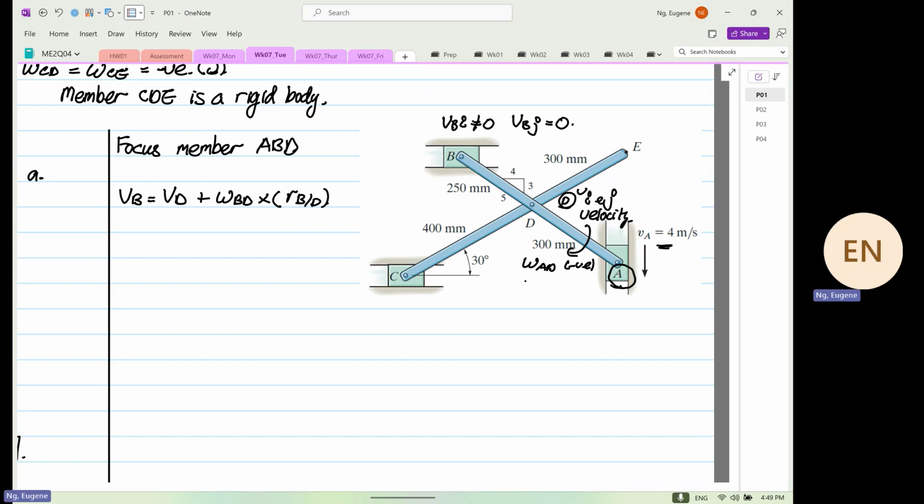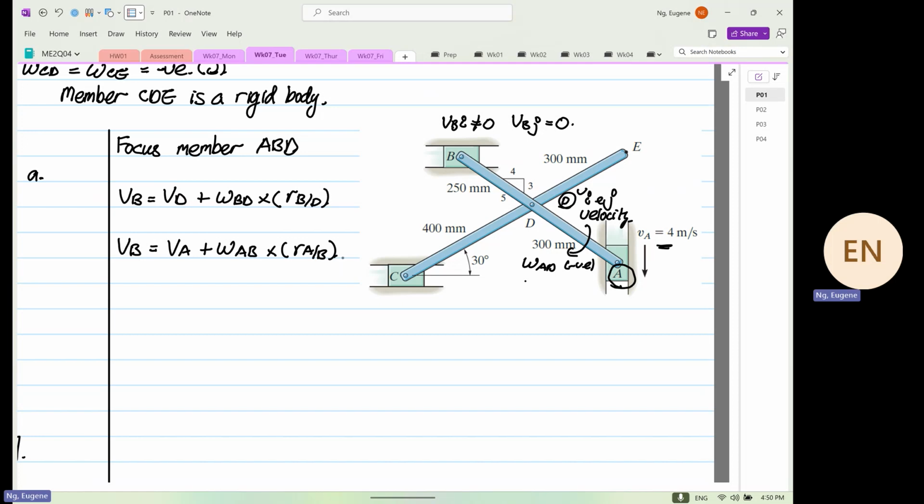Or you can form the other one where we have VB is equal to VA plus omega AB cross R from point A to point B. There are these two possibilities. So which one will you choose, relating VB and VD, or VB and VA?